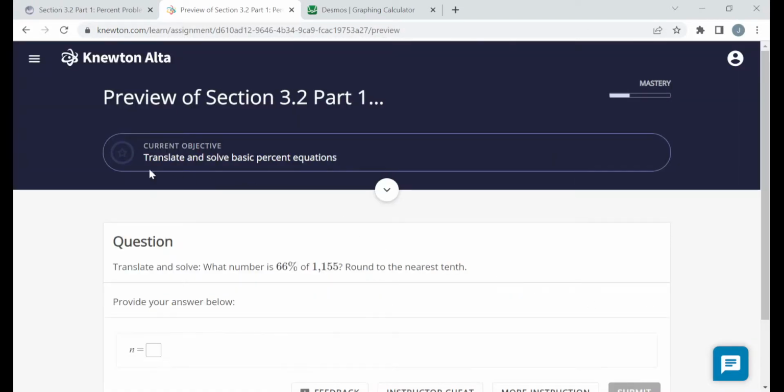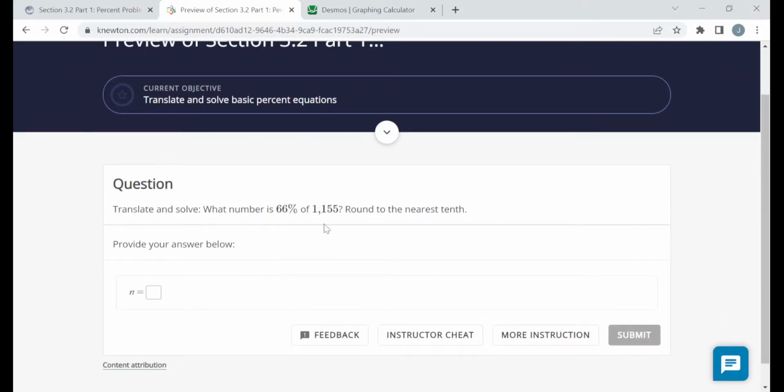All right, so we haven't seen this one yet, but I've kind of been talking about it, like, I've done this in another problem previously. Translate and solve basic percent equations. So here's one where they give you a nice sentence that you can pretty easily translate to an equation.